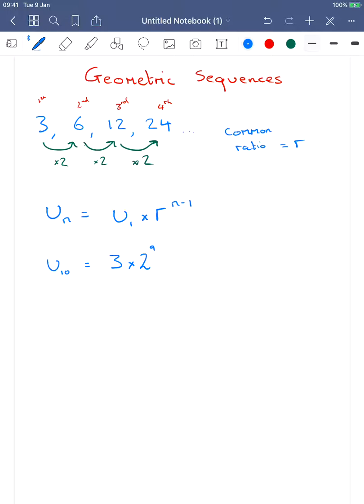So 3 times 2 to the power of 9. 2, 4, 8, 16, 32, 64, 128, 256, 512. Oh, times 3. Right, I'm going to get my calculator. And I'm getting 1536.